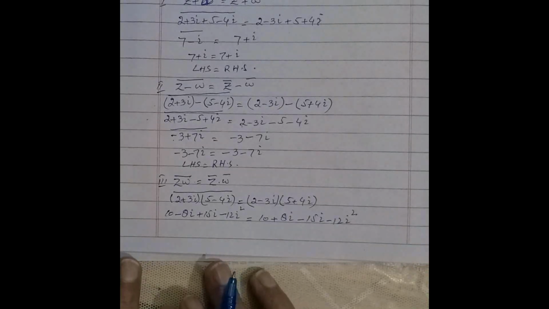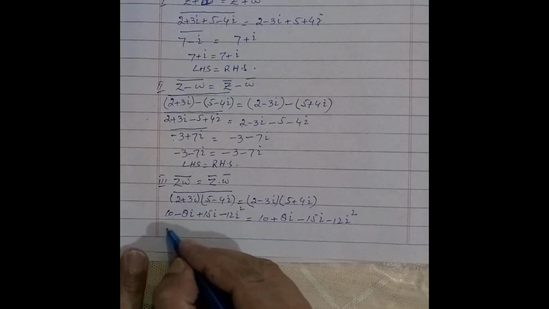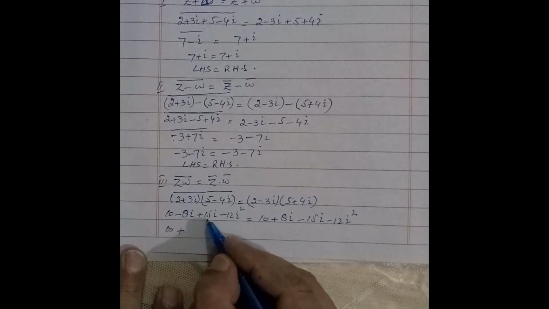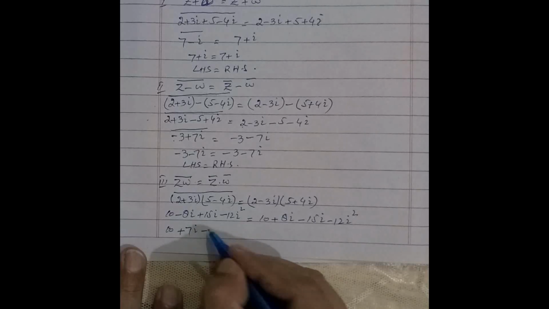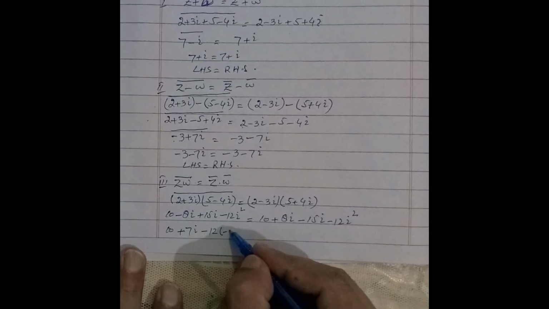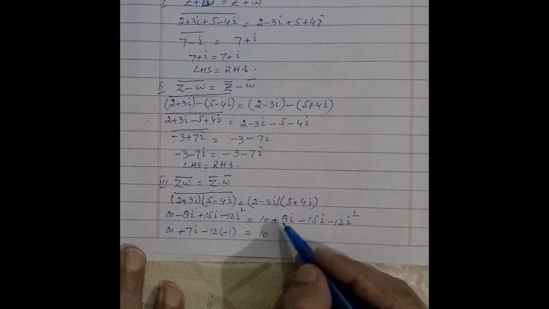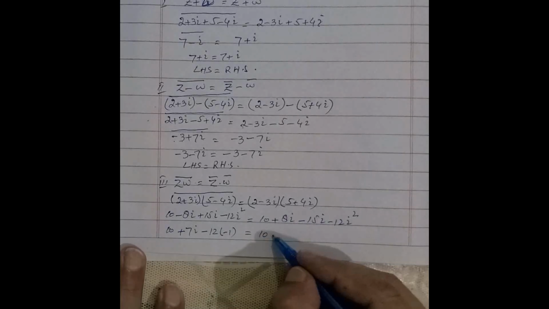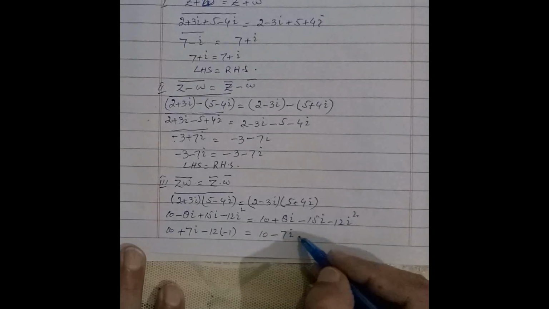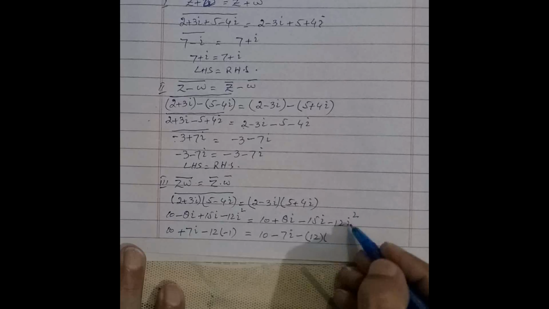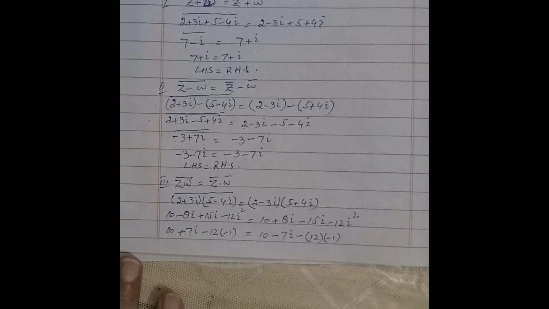Now further, we simplify these values. We get 10, plus 15 minus 8 is equal to 7 iota, minus 12 iota square, where iota square is equal to minus 1.